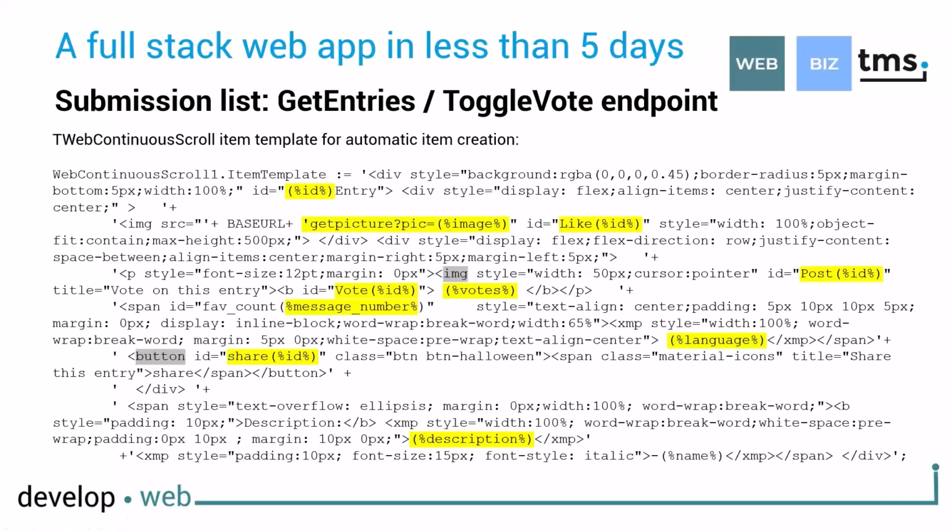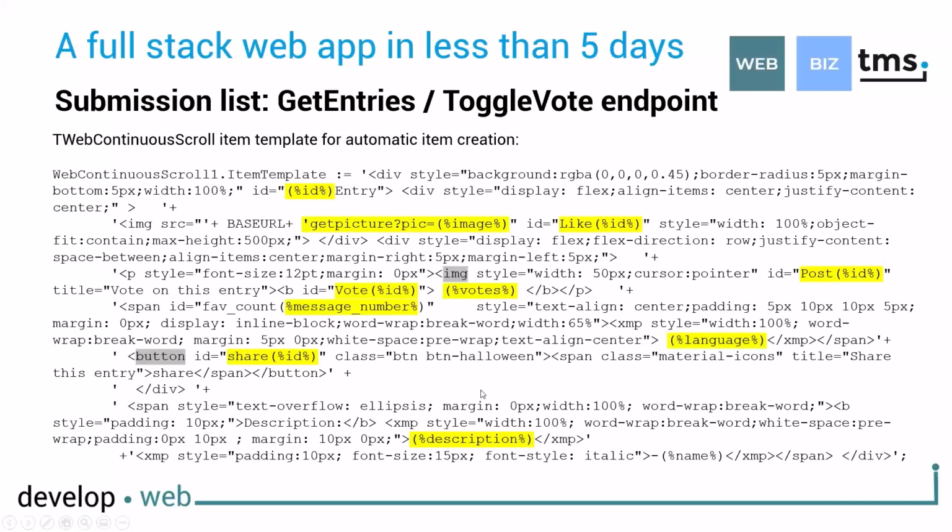That means that this template will be applied for every item created, and you can see here this %ID%, or also this %votes%, message number, %language%, etc., %description%.